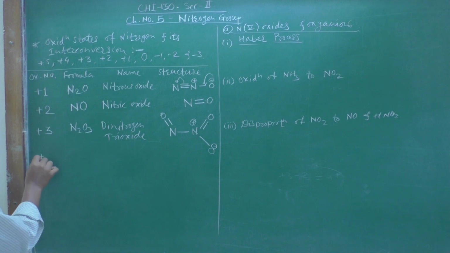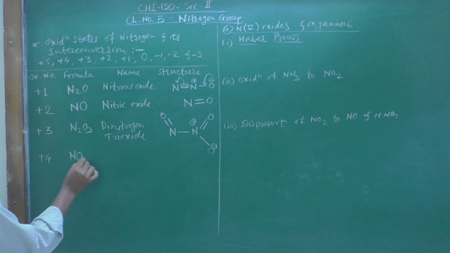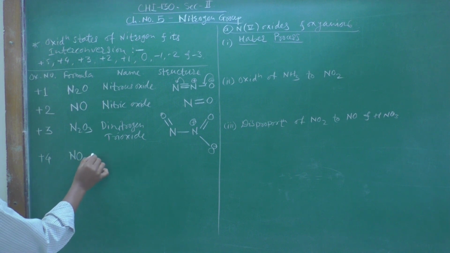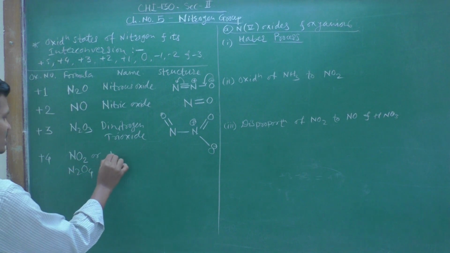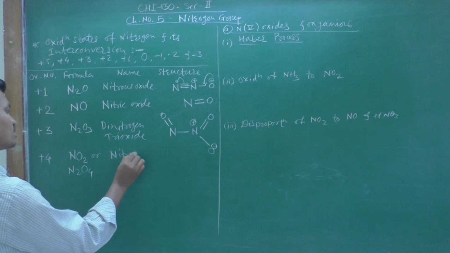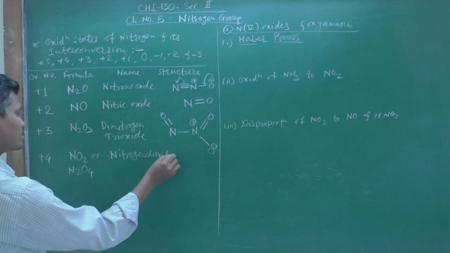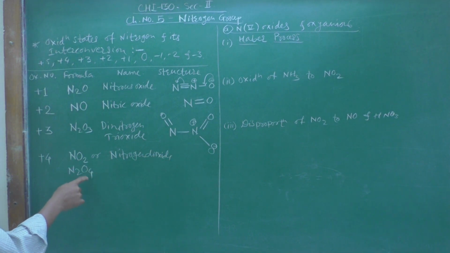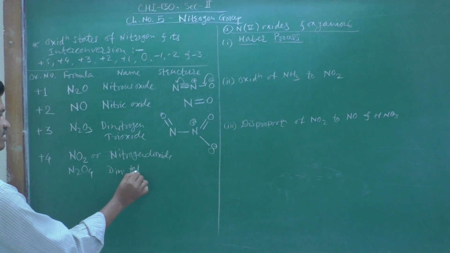Then the next compound is NO2, or it is also called N2O4. It is nitrogen dioxide or dinitrogen tetroxide.